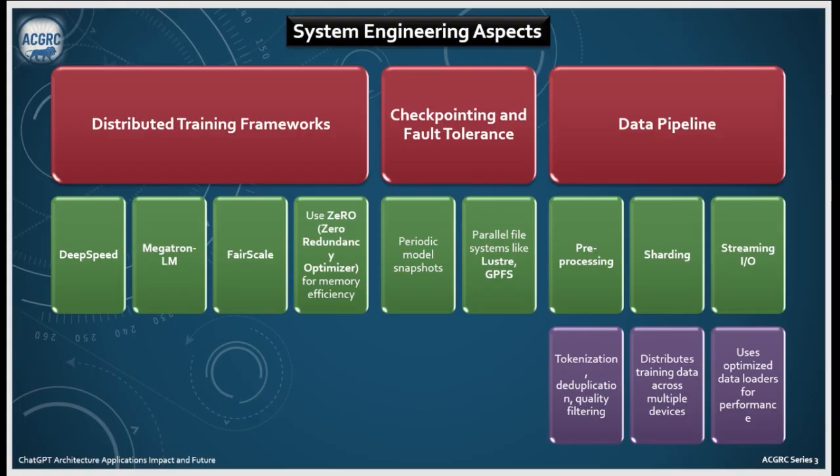Now, periodic model snapshot. What is it? It's about saving a copy of the model at regular times. What does it do? If training suddenly stops or crashes, we can restart from the last saved copy instead of starting from zero. What is Lustre?